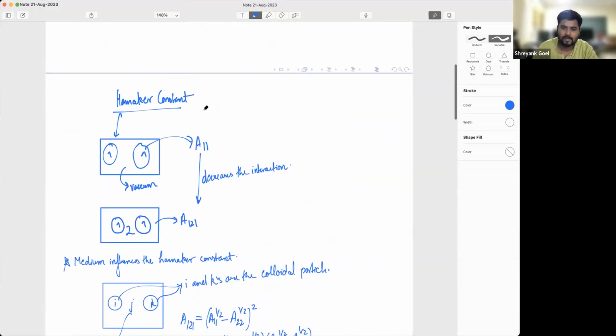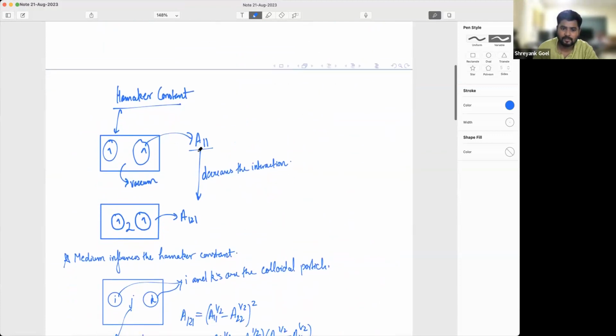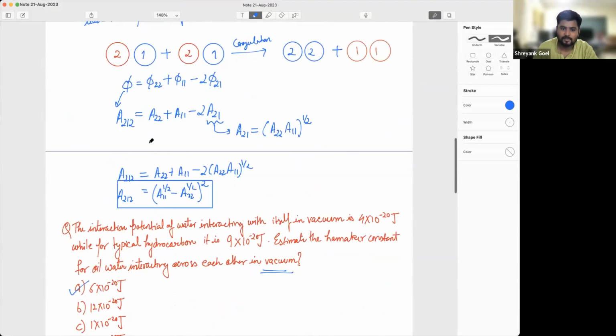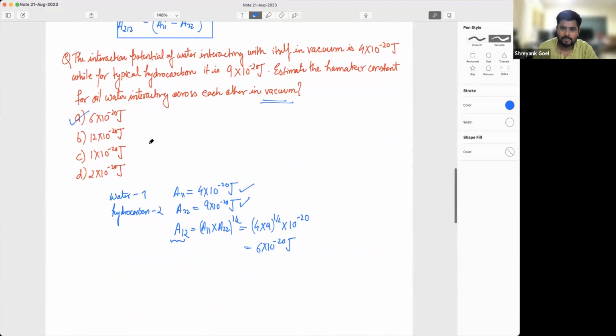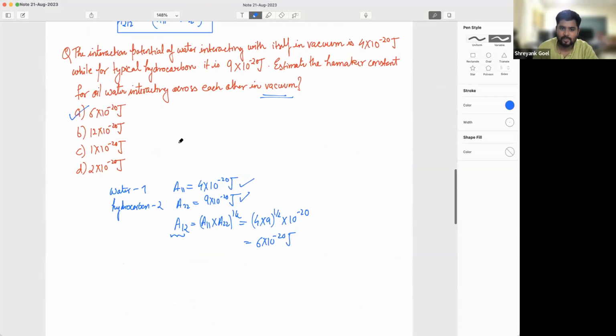So vacuum is equivalent to no media. If I say it's not vacuum, it is some other medium, or oil and oil are interacting with each other in water, then it's something like A121 that will be there.